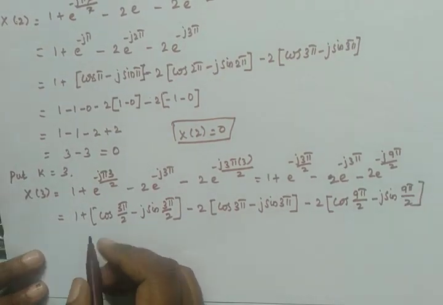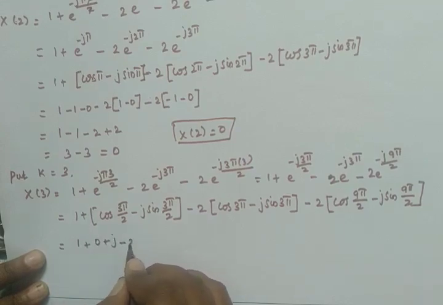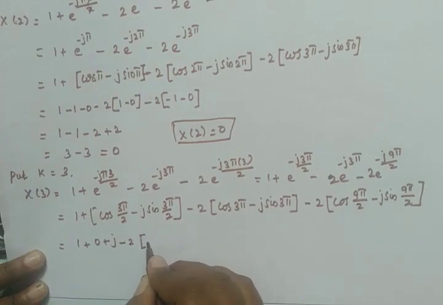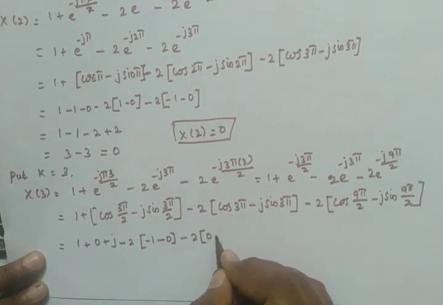Now substitute the values, which is equal to 1 plus 0 plus j minus 2 into cos 3 pi, which is minus 1, minus 0, minus 2 into 0.